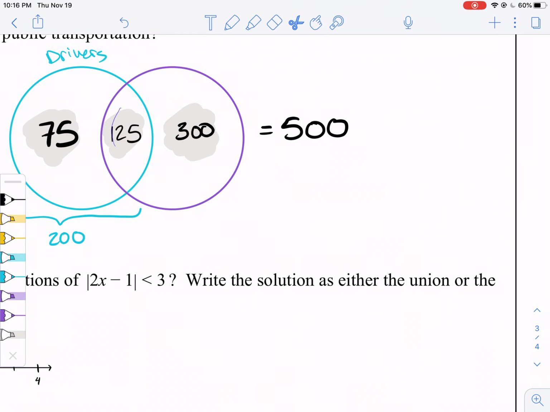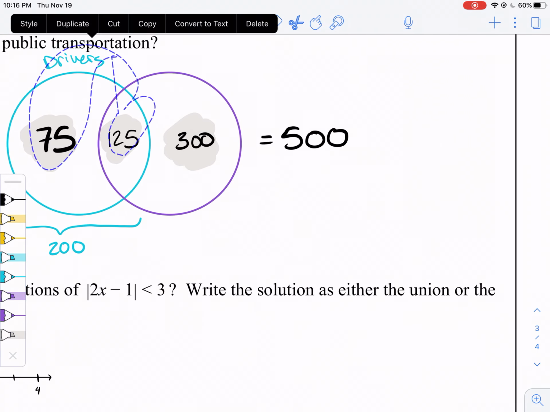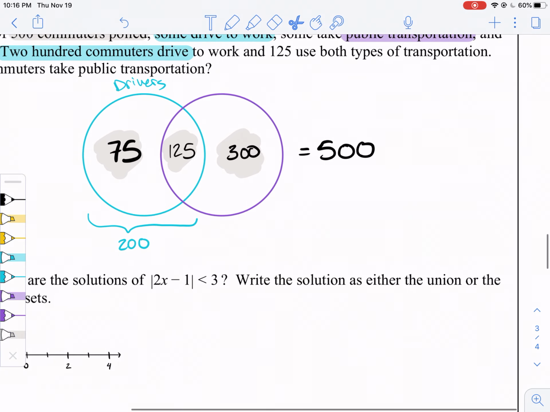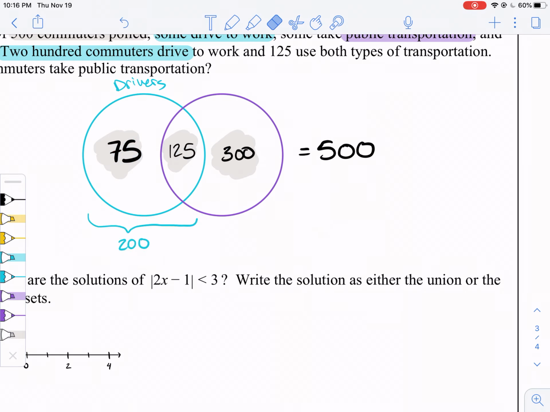But I can't get this guy without also taking that. Well, there you go, this 500 to help you visualize. Okay. I don't really know how to better explain it. If you take away all of these drivers, which is worth 200, then there's going to be 300 left out of our 500 total. I hope that helps.